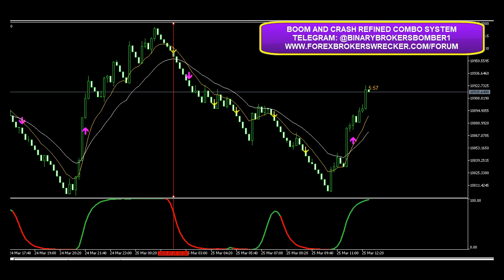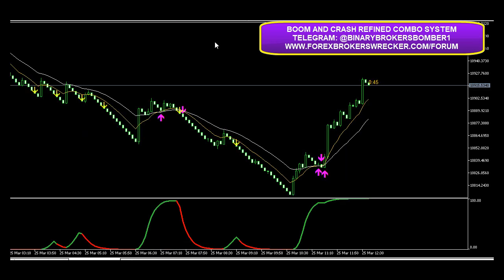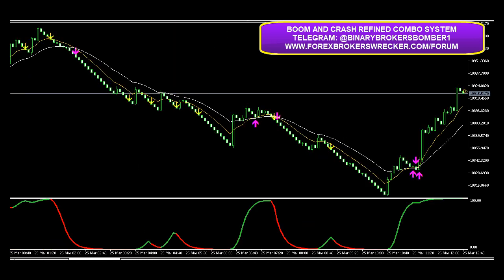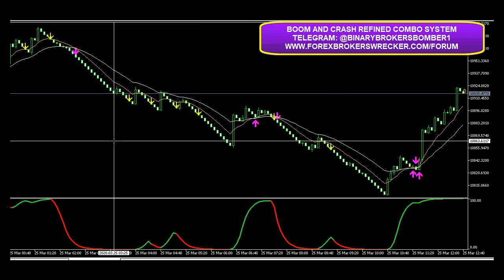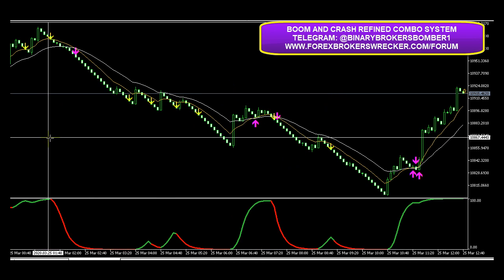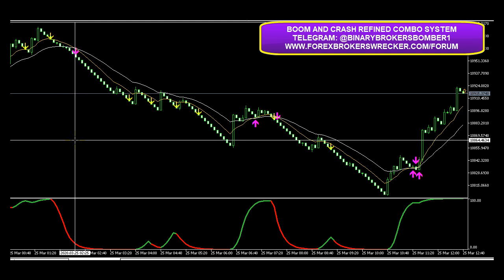Good. Then let's go to Boom 1000 on 5-minute time frame. At this very time, the time is 2:20, Boom 1000. So let's go to 2:20. Here, you can see the pop-up here.